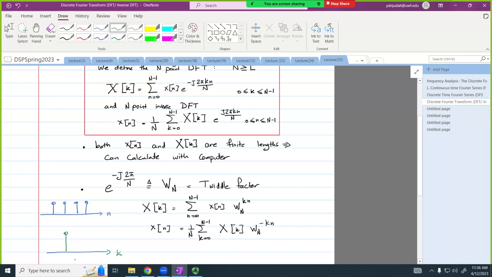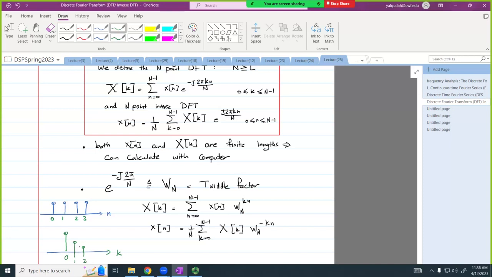So this is k, 0, 1, 2. This is n, 0, 1, 2, 3, etc. So as you see here, both the time domain and the frequency domain are discrete.